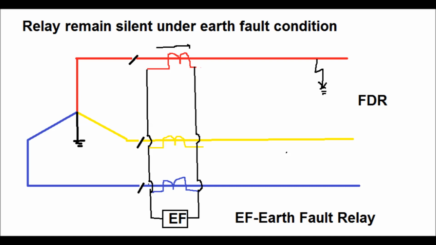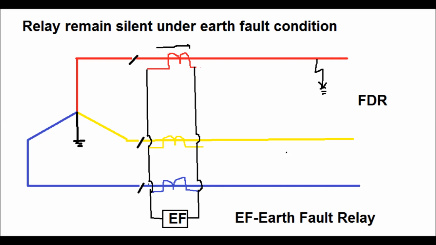Therefore the red phase current will increase, and on the secondary side there will be unbalance in the earth fault relay. If the relay setting is 0.1 to 0.2 ampere on the secondary side and the unbalanced current crosses this setting, the earth fault relay will actuate and trip the circuit breaker to clear the fault.